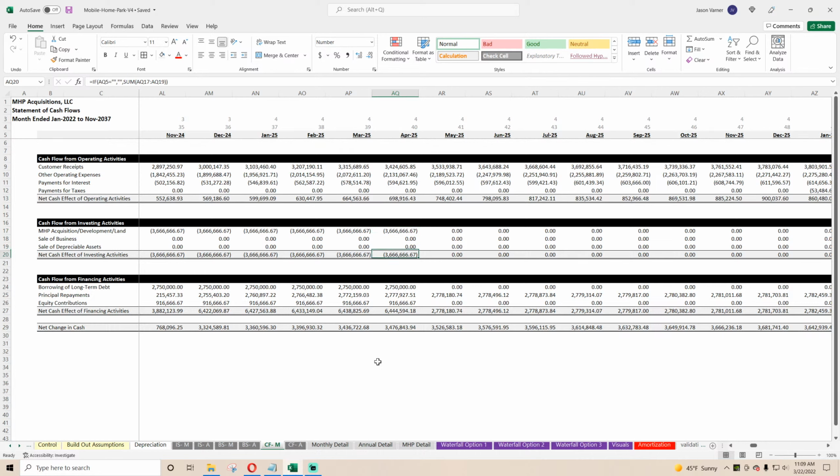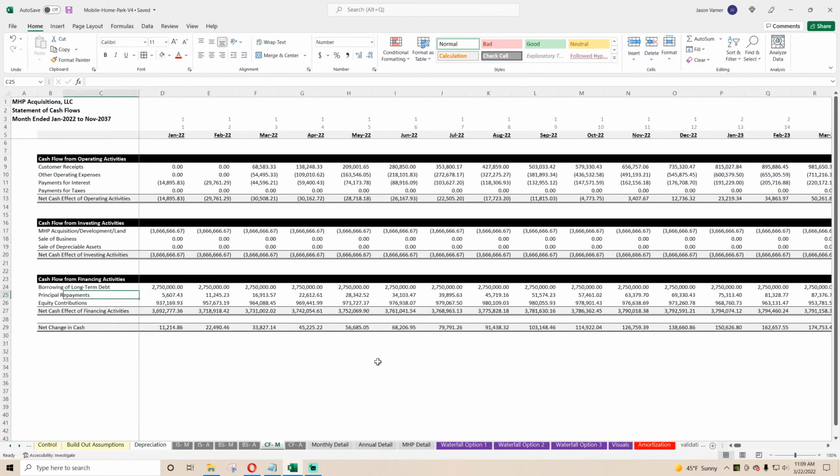All right. So that cost goes out, but then we're borrowing some money, so that comes in. We're paying principal. We've got equity contributions coming in. Principal repayments, this is a negative number. So there's our solve for zero right there.